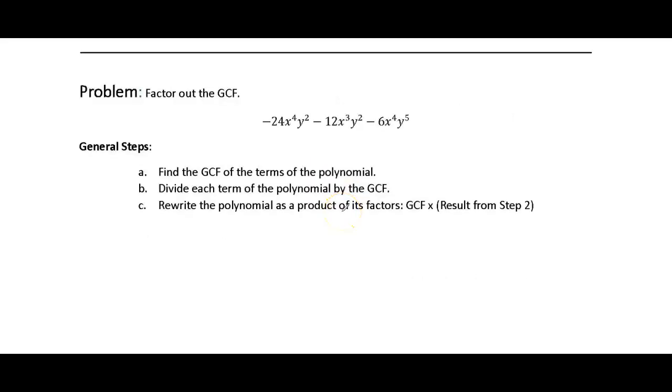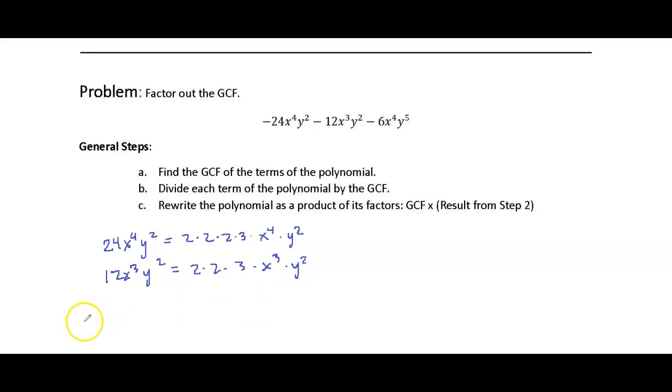Remember, generally the GCF is a positive value, so we can ignore the negative numbers for now. We'll start with 24x to the fourth y to the second. This could be factored to 2 times 2 times 2 times 3 times x to the fourth times y to the second. 12x to the third y to the second will factor to 2 times 2 times 3 times x to the third times y to the second power.